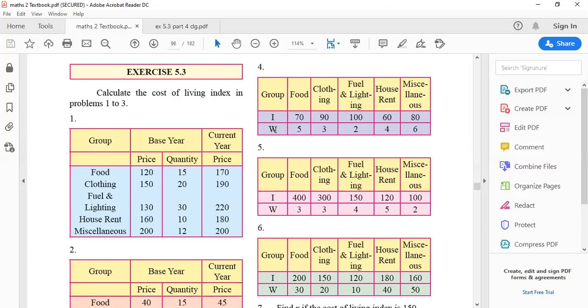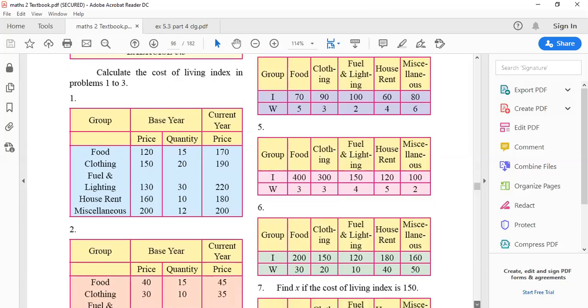When you see the IW column, it is the family budget method. When you see three columns consisting of price, quantity, price, again, I told you, sometimes I is not given, so don't get confused. Basically, when you have two prices and one quantity, it is the aggregative price index number.